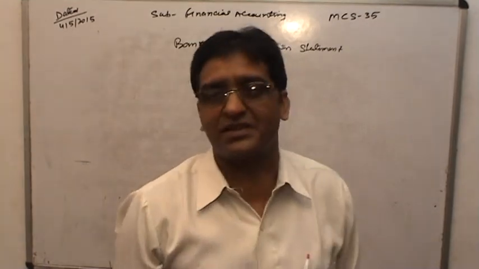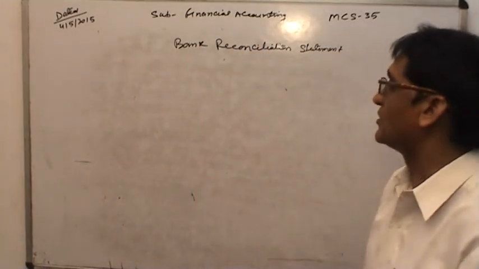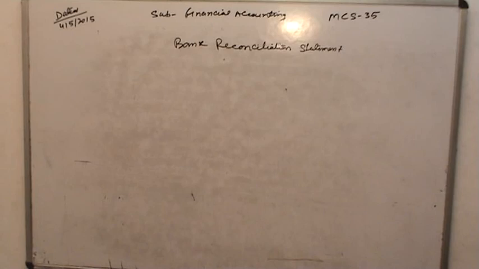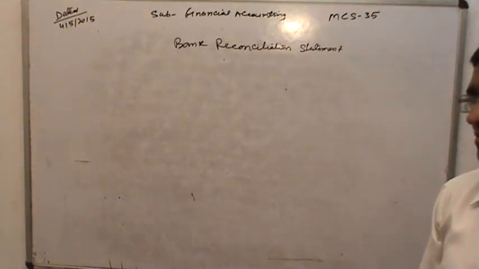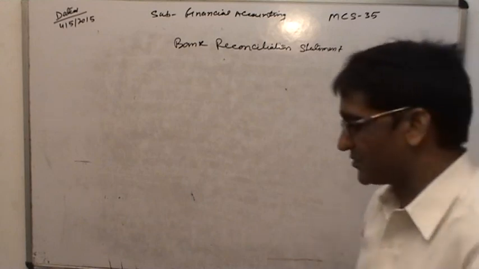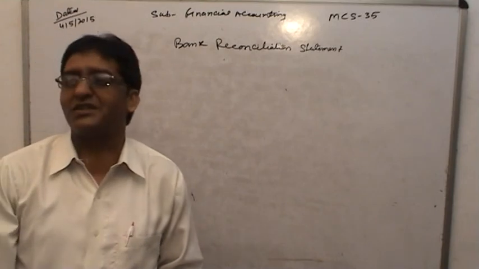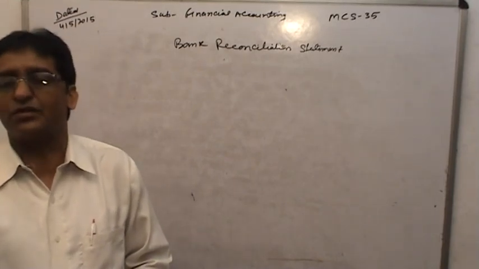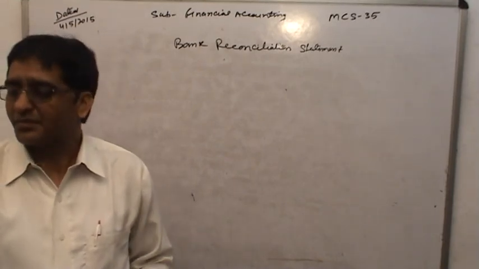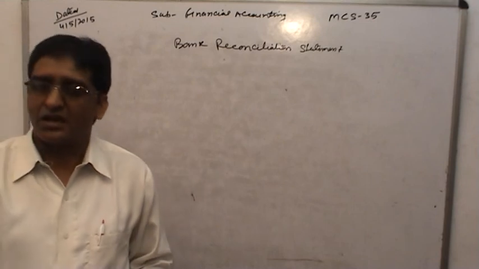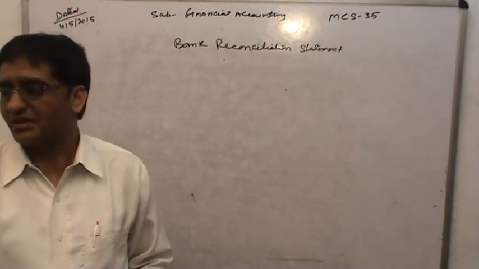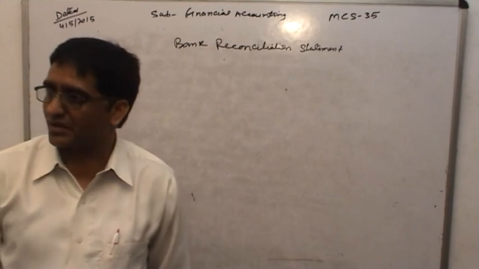BRS means a monthly statement prepared by the organization to match the balance of cash book and passbook. Whenever the cash book and passbook balances do not agree, the statement prepared by the organization is called the bank reconciliation statement, and it is prepared every month by the organization.